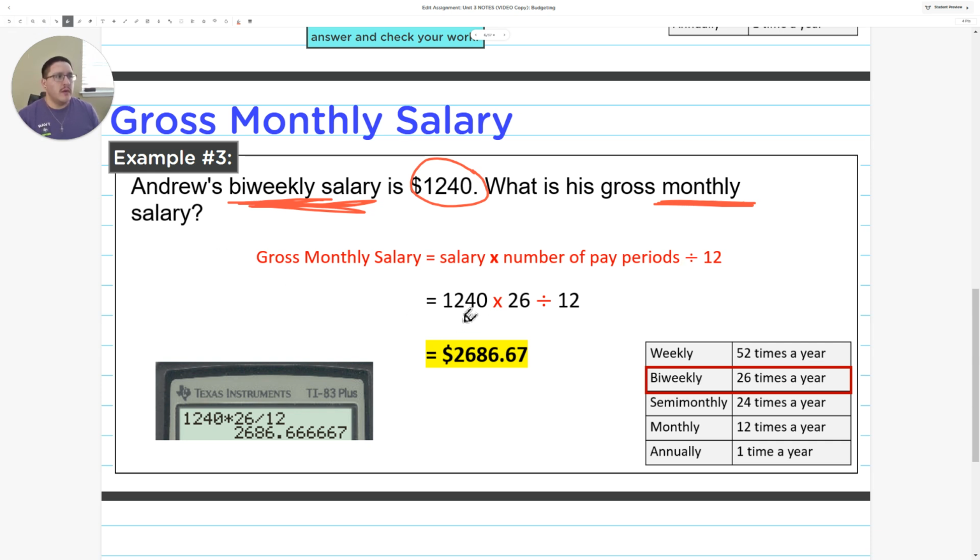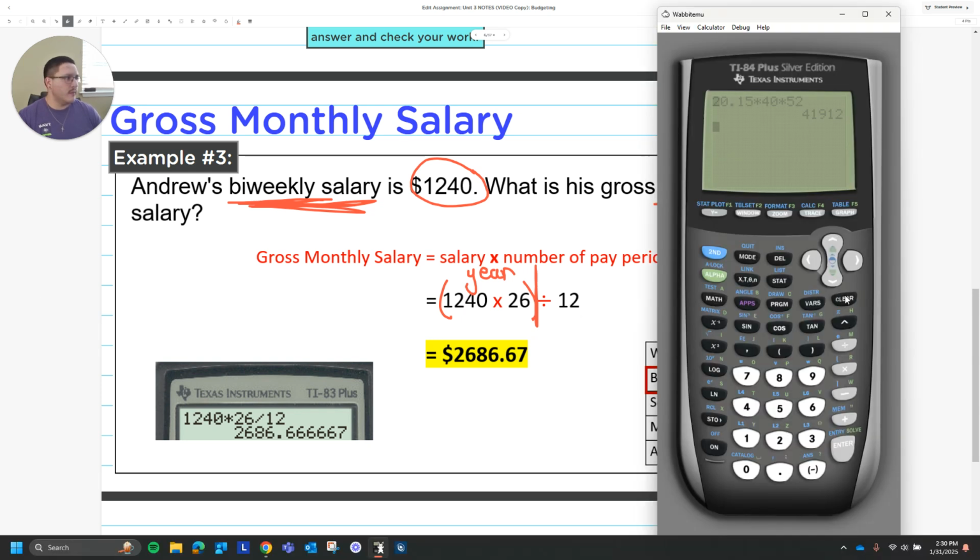We need to do first what we make for the entire year. Okay, so this left side of the calculation, this is calculating the entire year. So 1,240 bi-weekly means I'm going to multiply that number by 26. 1240 times 26 equals 32,240.